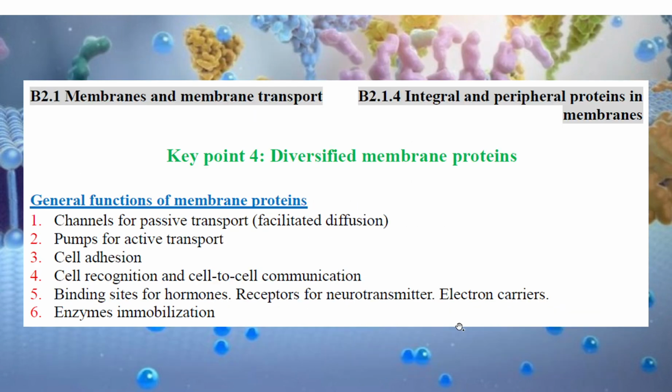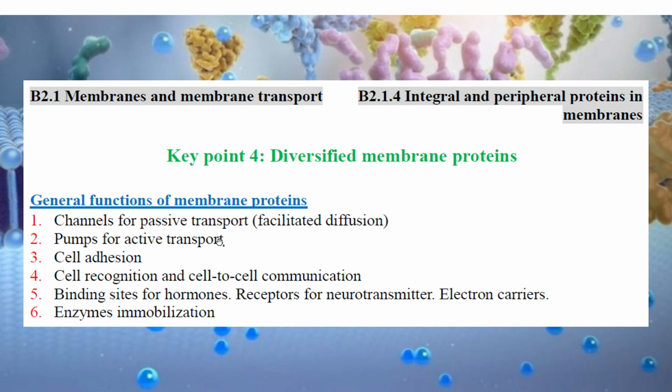Okay? And there are diversified membrane proteins. You need to know the names and the meaning for them, okay? They can be the channel for passive transport, facilitated diffusion, also from high concentration to low concentration, okay. But they are especially for those that are hydrophilic, so maybe a special hydrophilic channel for them, okay.